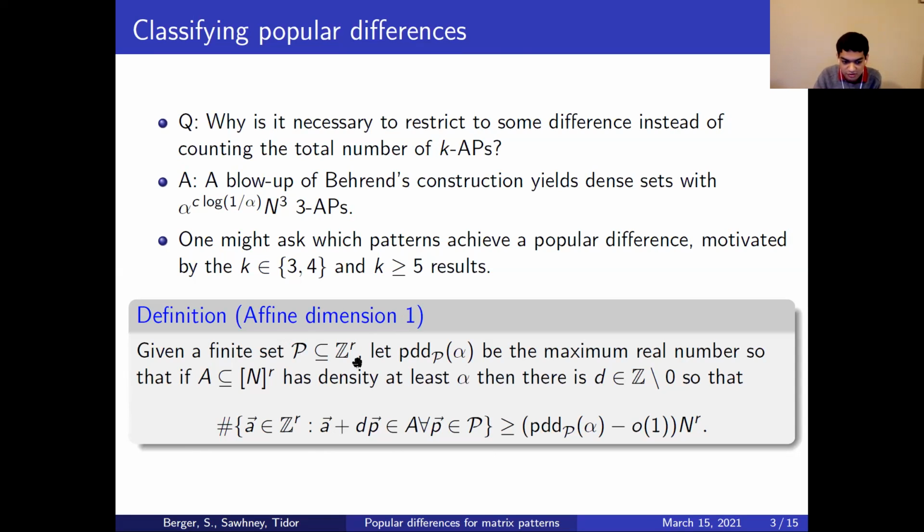So this is a natural class of patterns that one might discuss with regards to Szemerédi's theorem and multidimensional Szemerédi. And to establish the notation we want to use, given some finite set P in Z^R, which cuts out one of these patterns, let's define PDD_P of alpha, so popular difference density, to be the maximum real number such that as long as we have a dense set of density at least alpha, then we have some difference which is at least PDD popular.